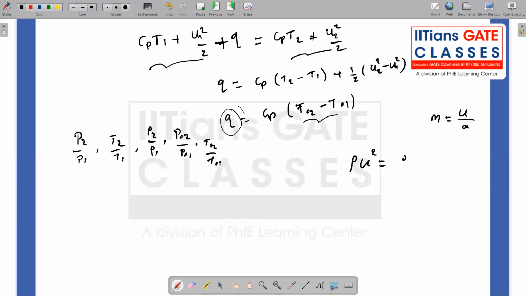So rho u square is rho M square a square. And the definition of a is square root of gamma p by rho, or a square is gamma p by rho. So I can replace this with rho into M square times gamma p divided by rho. So rho and rho get cancelled. So this becomes gamma p times M square.